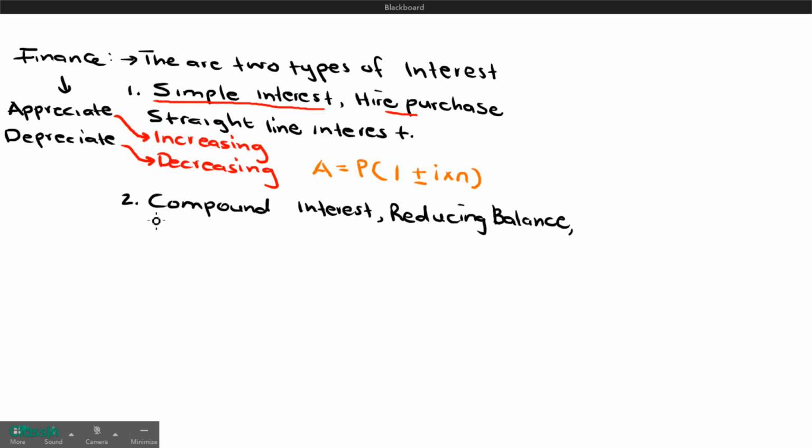If not a reducing balance, they will use the term book value, or scrap value.